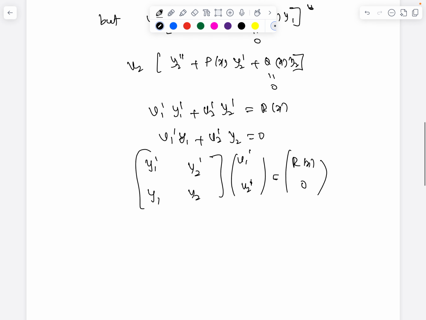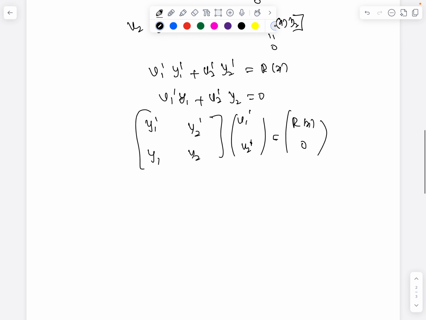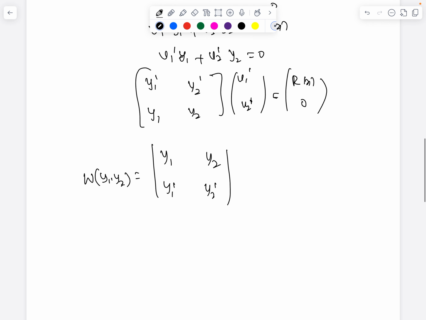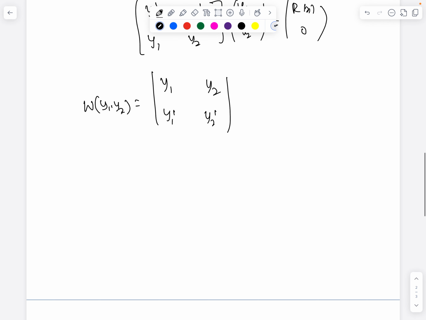Here the determinant of y1, y2, y1 prime, y2 prime is the Wronskian, a function of y1 comma y2, the Wronskian of y1 and y2.